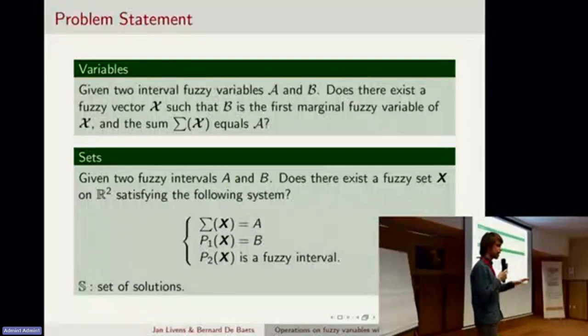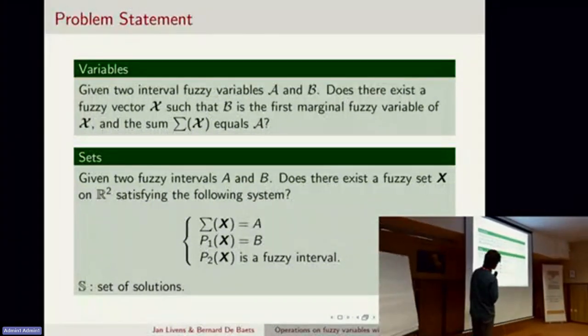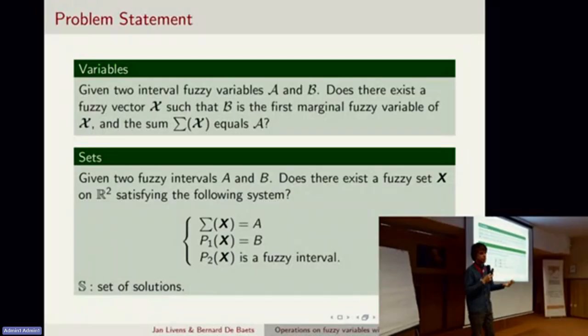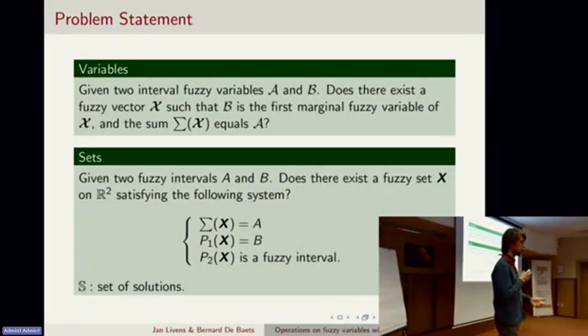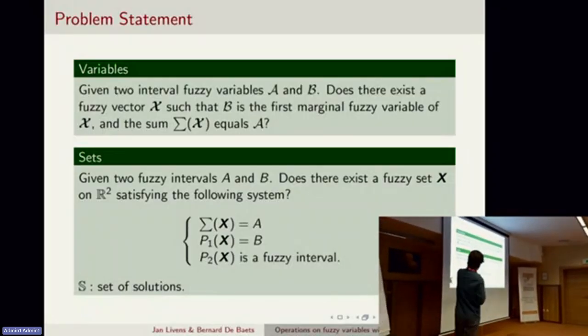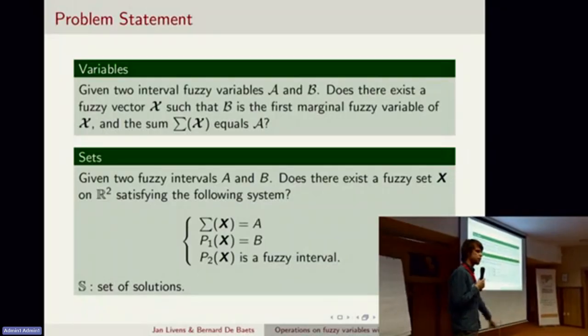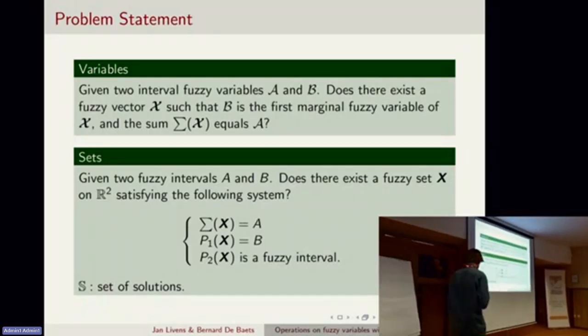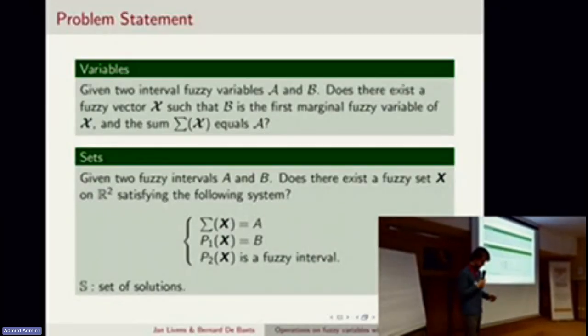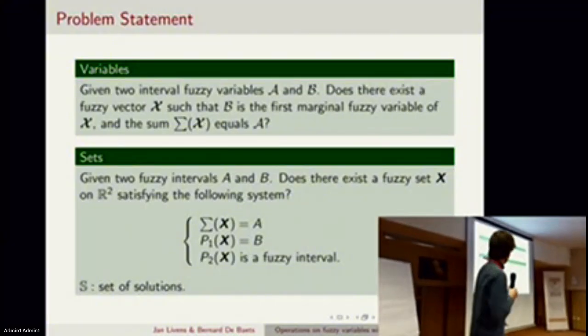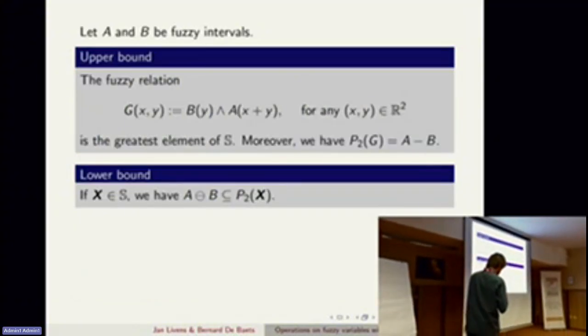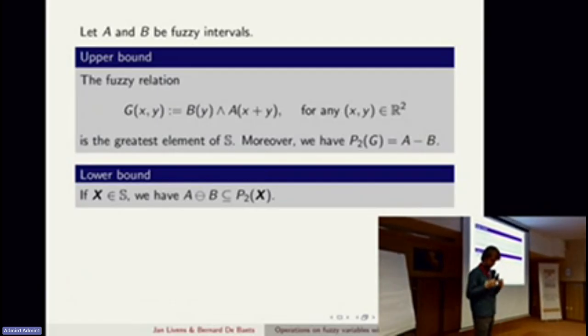We don't have time to explain exactly why it's there, but intuitively, we want the number of oranges to also be a physical quantity, which is why it makes sense to restrict it to only fuzzy intervals. And this system of equations, of course, has a set of solutions which I would denote by S.